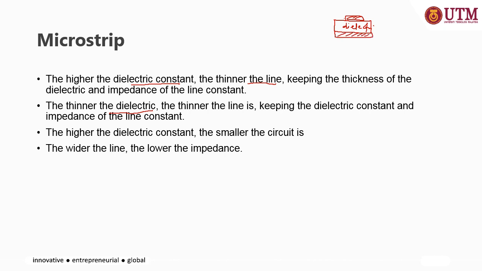Right, so the thinner the dielectric, the thinner the line is. So the line meaning the edge of your microstrip line, keeping the dielectric constant and impedance of the line constant. While the higher the dielectric constant, the smaller the circuit is, and the wider the lines, the lower the impedance. Okay, we are going to look at the effect of those parameters in the later session.